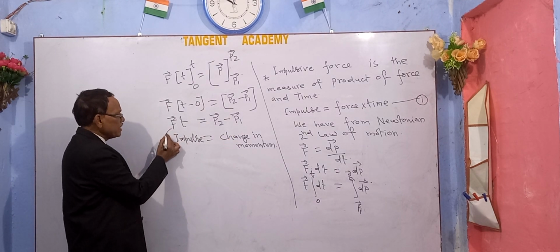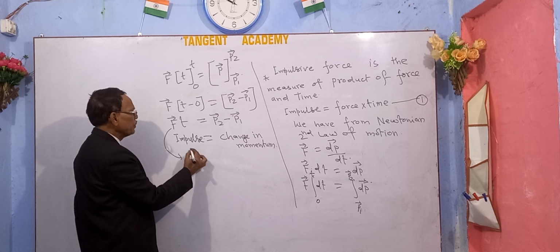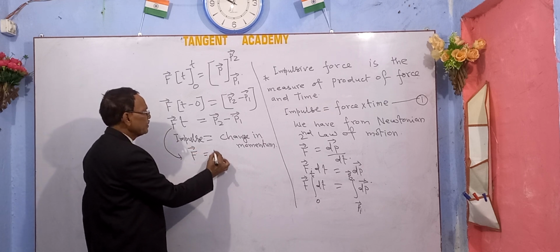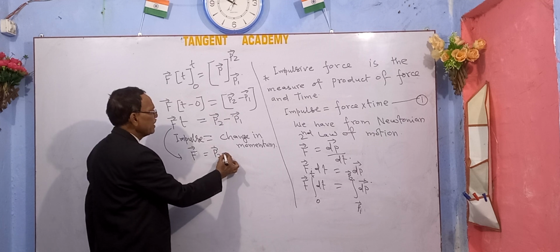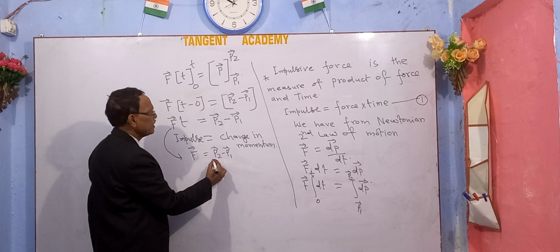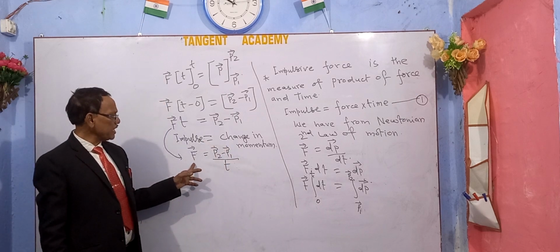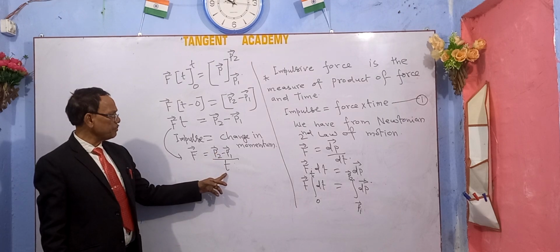Again, from this equation we can get force is equal to p2 minus p1, that is change in momentum, divided by time. Force is equal to change in momentum divided by time.